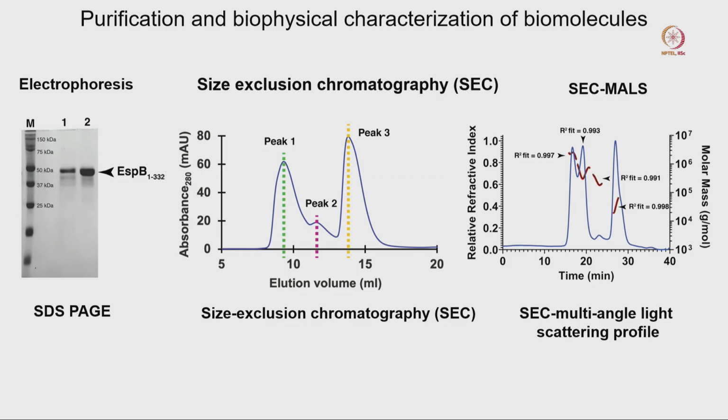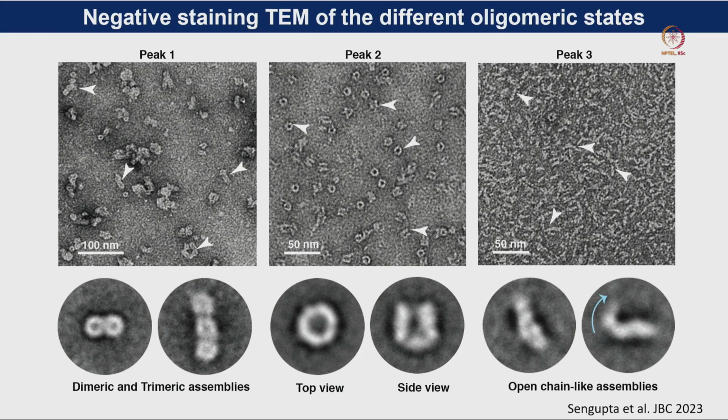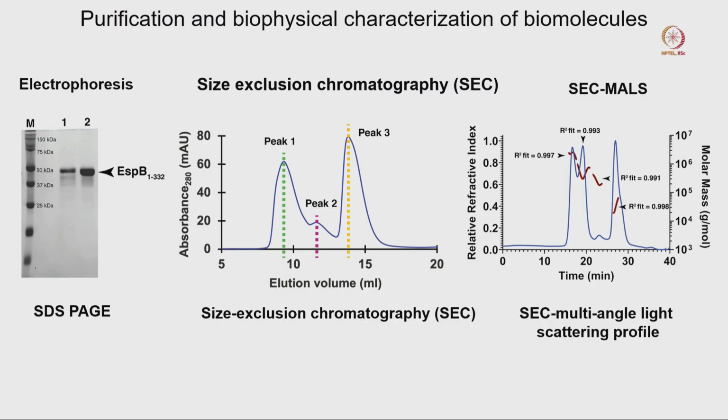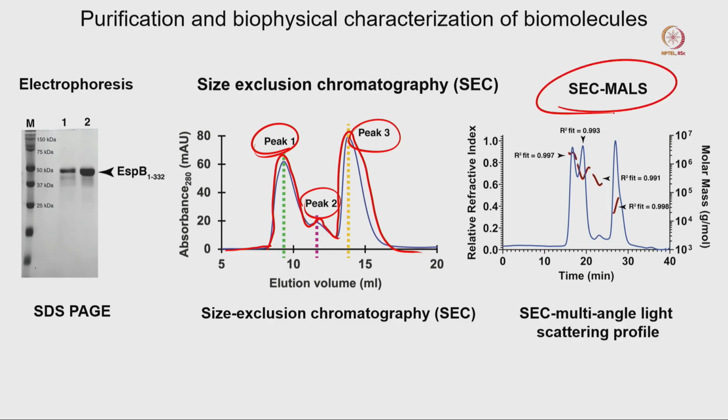Okay, so we'll just go quickly to see this one. Again, there is an SEC profile that we discussed. Most of the time, in this particular case, the author purified the protein using SEC, and the author selected 3 different peaks, and from there calculated the overall molecular weight of the protein, and also ran an SDS-PAGE.